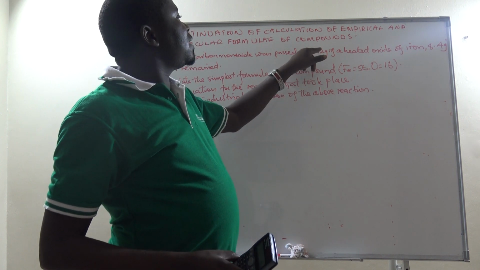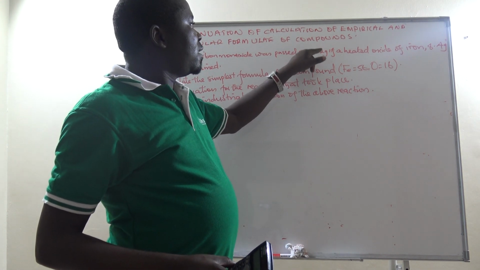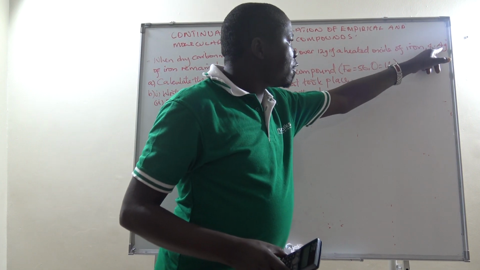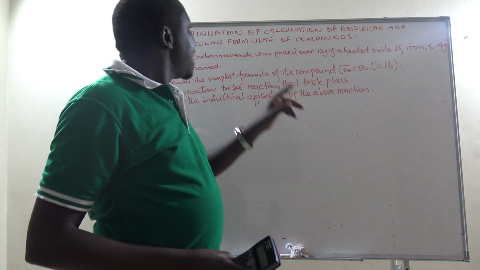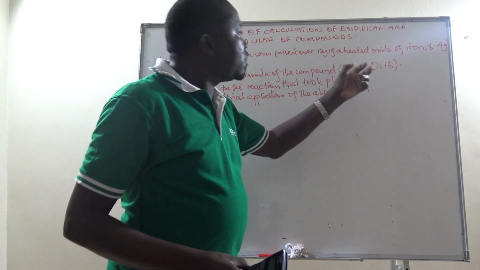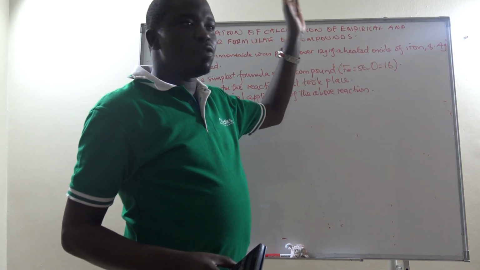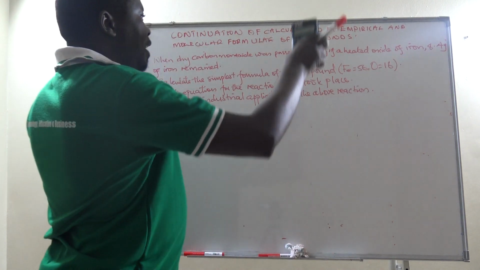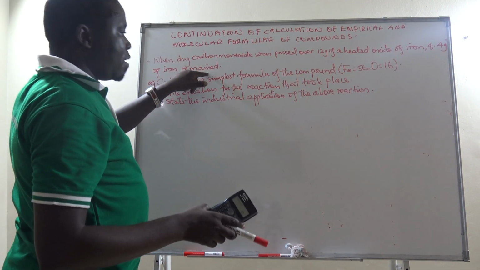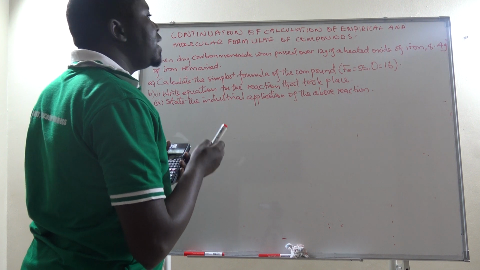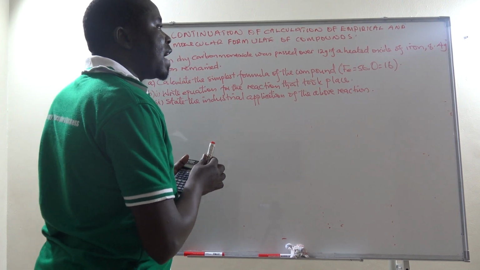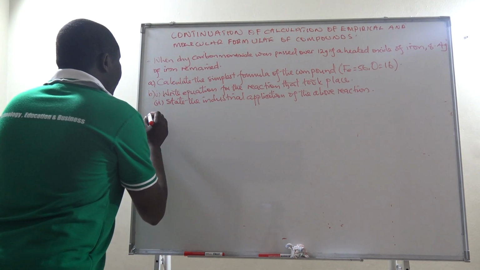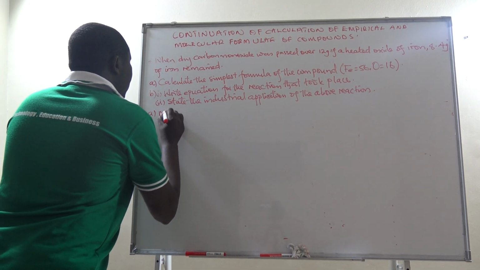So why is there a variation in mass here? There has been a reduction in mass from 12 grams to 8.4 grams. That is simply because carbon monoxide removed those oxygen atoms, so the mass reduced from 12 grams to 8.4 grams. That is the mass of iron that remained. We don't know the mass of oxygen, we have only the mass of iron. So let us work out the mass of oxygen.